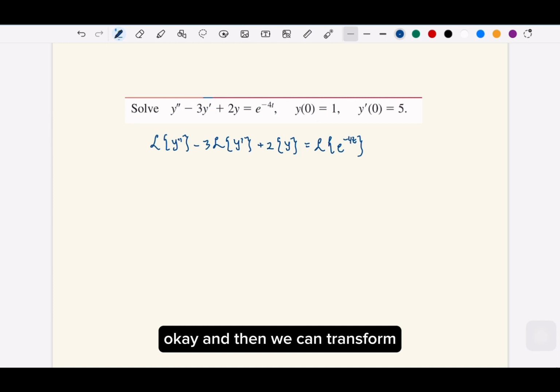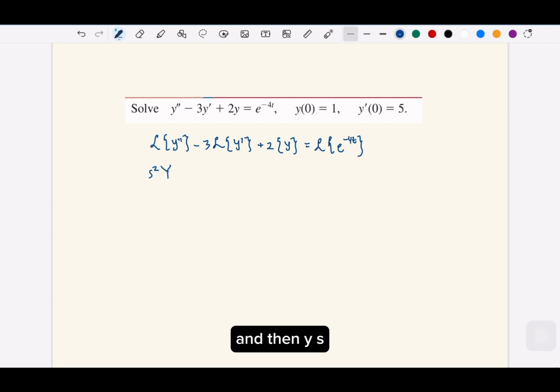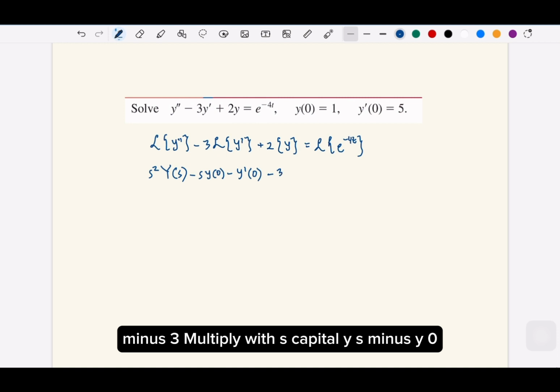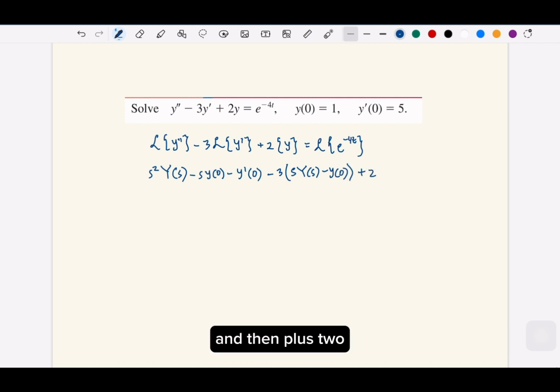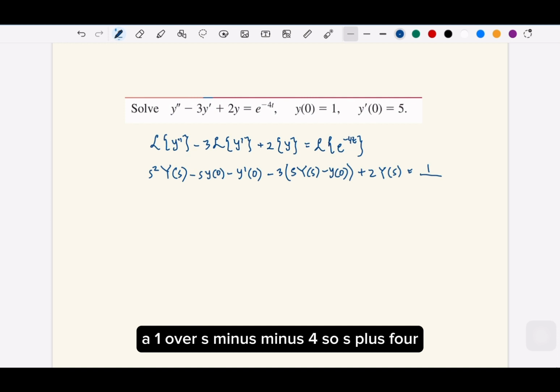Okay, and then we can transform the double prime to become s squared Y(s) minus s y(0) minus y prime(0), minus 3 multiplied by s Y(s) minus y(0), and then plus 2Y(s). This will be equal to e to the power of negative 4t, which is 1 over s minus negative 4, so s plus 4.